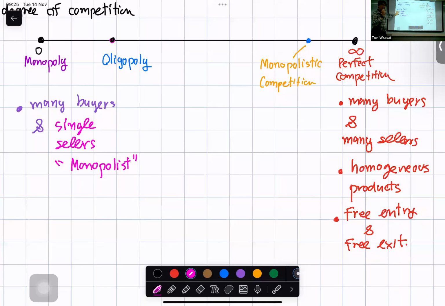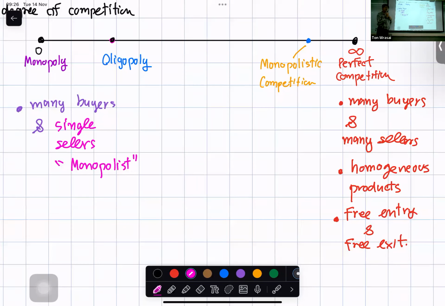Water and electricity are produced and supplied by the Metropolitan Water Authority of Thailand, การประปานครหลวง, and for electricity, EGAT, the Electricity Generating Authority of Thailand, which produce and sell water and electricity to every household. That's a monopolist.